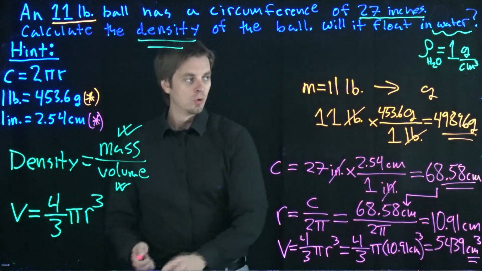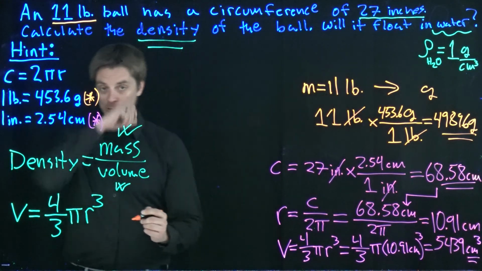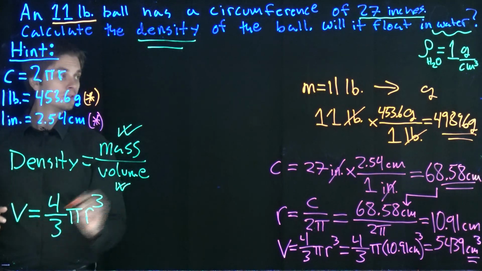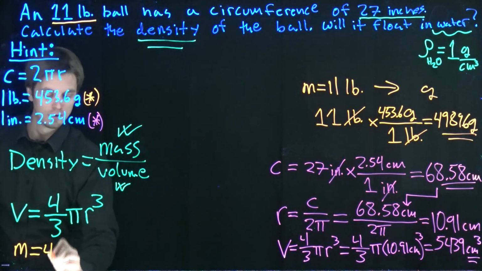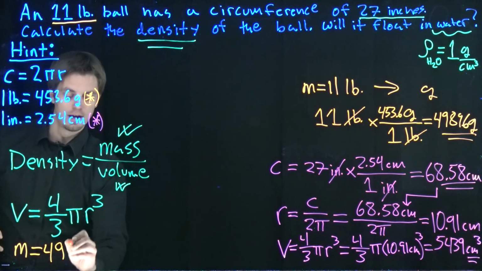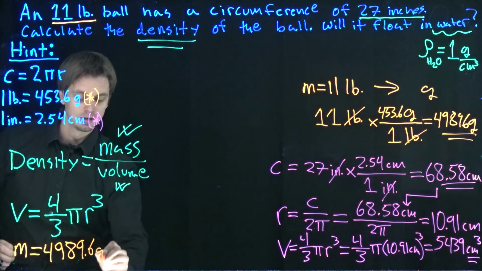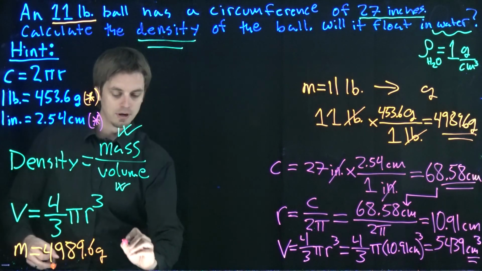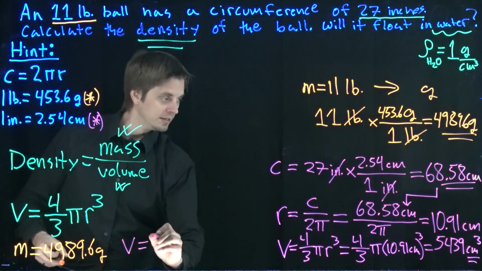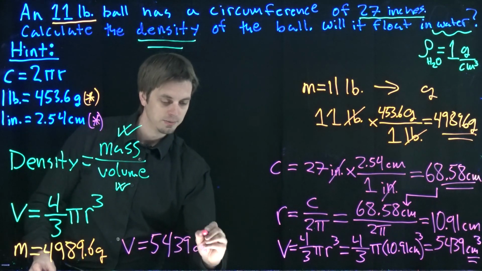Now, we have values, which I will reproduce over here for ease of reference. We have a value for the mass: the mass is 4989.6 grams. And we have a value for the volume: the volume is 5439 centimeters cubed.